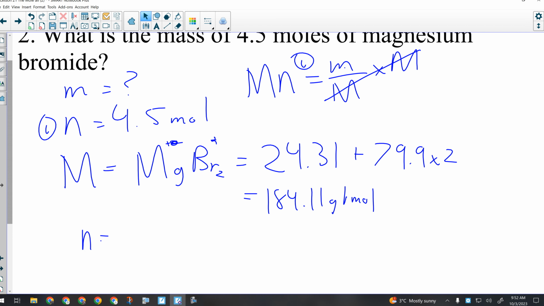So little m would equal 184.11, big M, times 4.5, n. So this is going to be in grams per mole. This is going to be in moles. When I multiply those together, the moles will cancel, and I'll be left with grams. Is that the unit for mass? Yes.